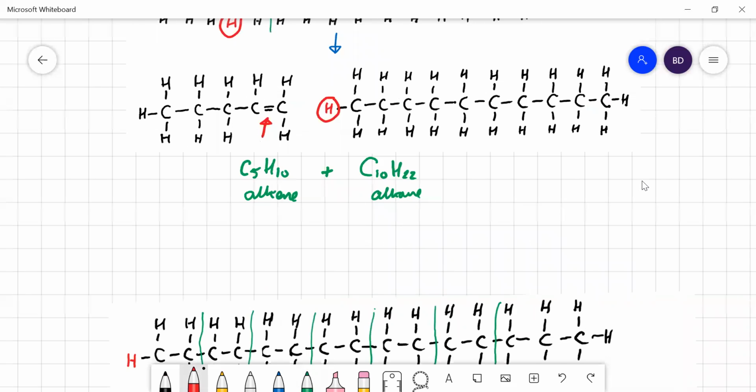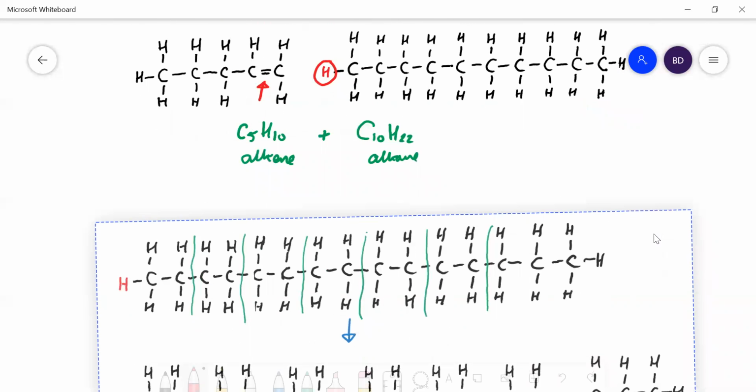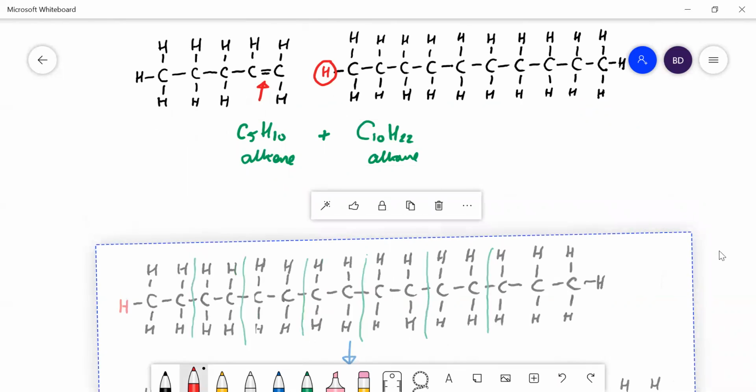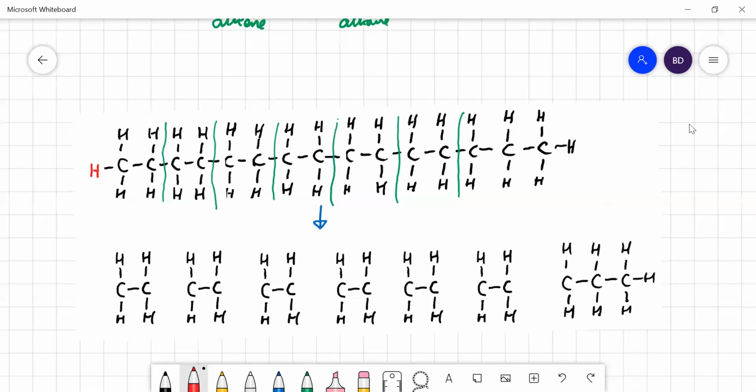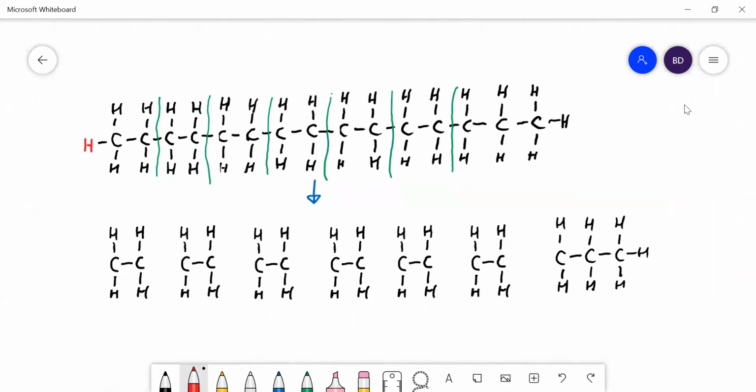Last one. Right, this is going to break up in multiple places, okay? So what we have again is C15H32, and it's going to break where all those green breaks are. Right, so when it does that, we are going to end up with those fragments below. So what I'm going to do is put a double bond there.